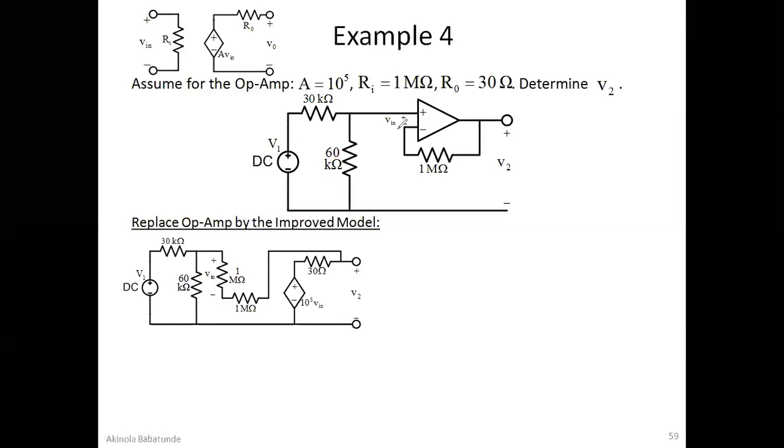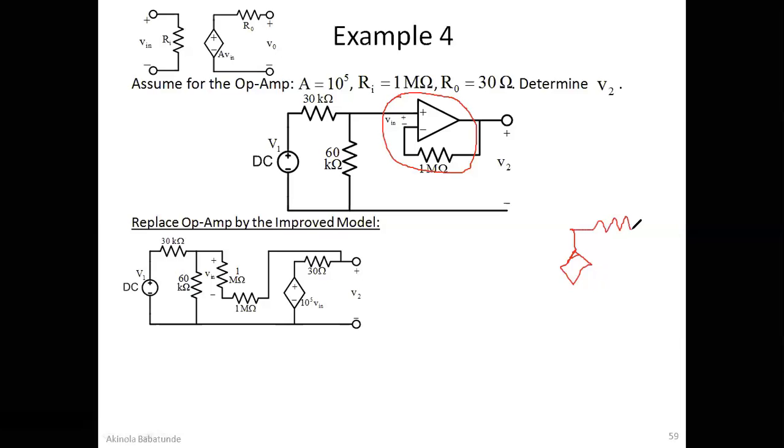First of all, we have this as our operational amplifier. To represent this operational amplifier in an improved model, what you want to do first of all is to have your DC source here. And then with the DC source, you're going to have something like this.